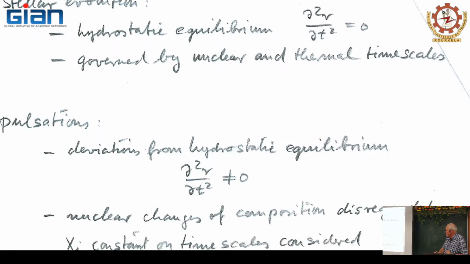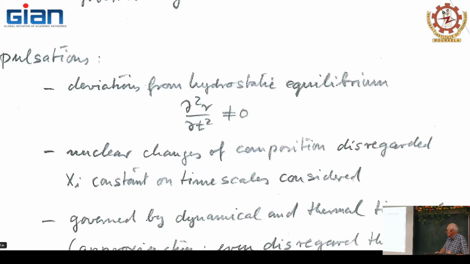Contrary to stellar evolution, now the nuclear timescale is ignored because the nuclear processes occur on a much longer timescale than the pulsations. The same is partially true for the thermal timescale, and we will see in the following when the thermal timescale has to be taken into account.